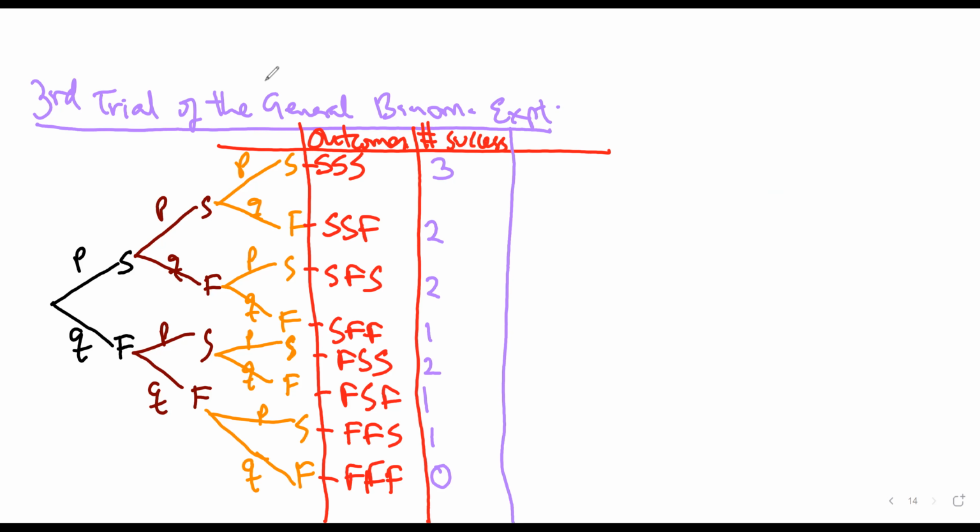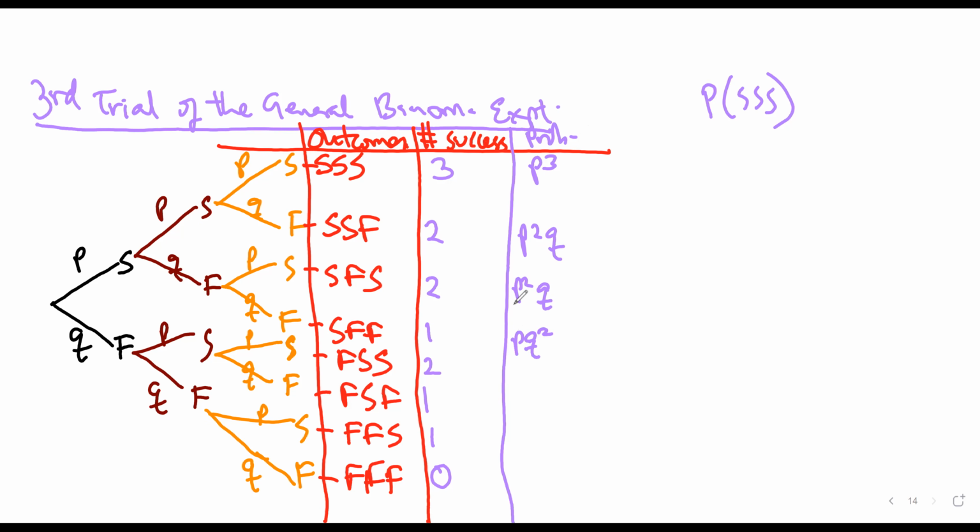The probability of getting S, S, S is the same as the probability of S times the probability of S times the probability of S, which will be P cubed. The second one will be P squared Q. Same case with this one, P squared Q. The third one will be P Q squared.